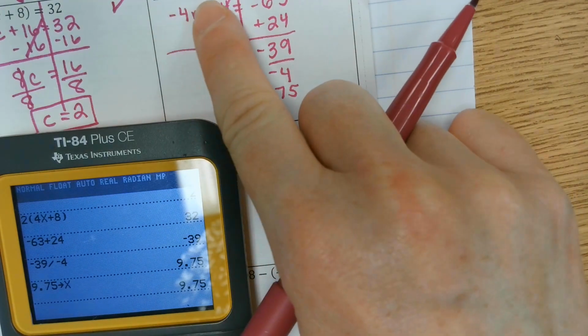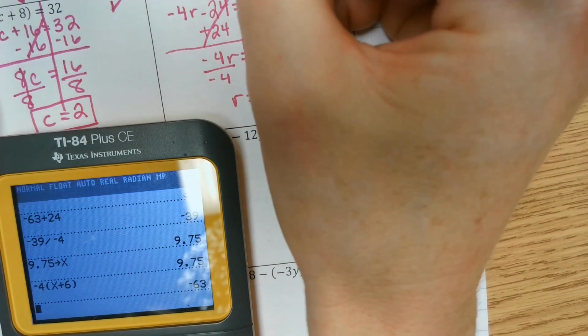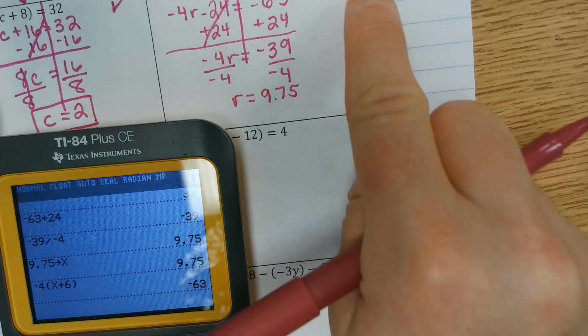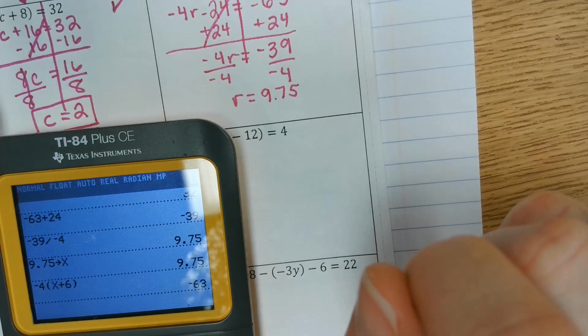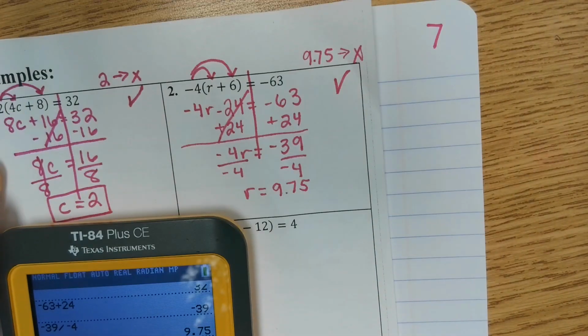Then put in your original equation: -4 parentheses x plus 6. We want it to come out to whatever it's supposed to be on the right, which is -63. And it does, so that means we did it right. Oh, y'all couldn't see that. Sorry.